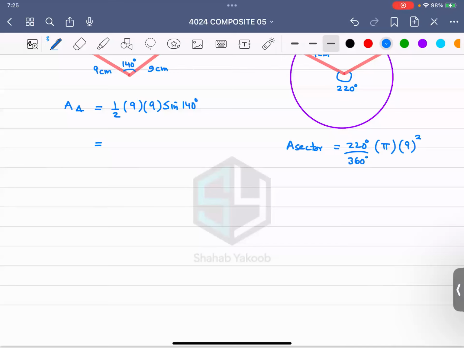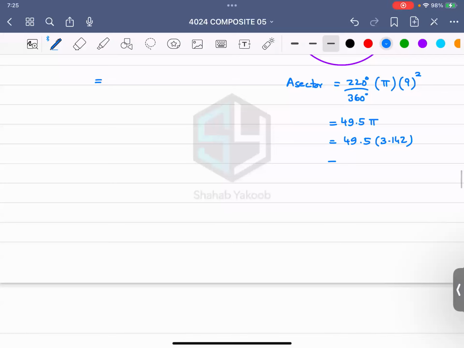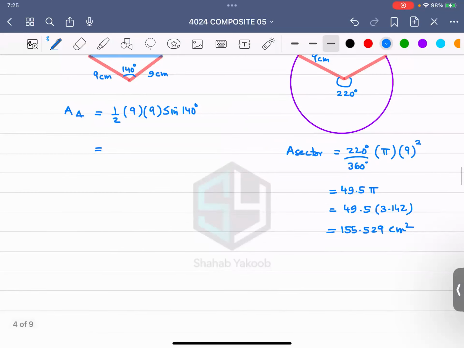So now 22 into 81 divided by 36, that's 49.5 pi. Let me write this as 49.5 into 3.142, this comes out to be 155.529 centimeters square.